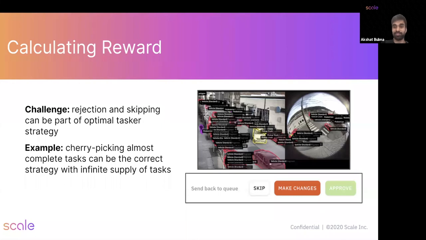However, that makes thinking about incentives and people's strategies a lot more complex, because something we have seen before is that when you have an infinite supply of tasks, you can end up with people cherry picking tasks that are almost complete, because why would you go through the effort of fixing if you can find one that's already almost complete and send that through? So we really have to think about incentives and make sure that people are incentivized to fix, reject, and accept in the right situations.